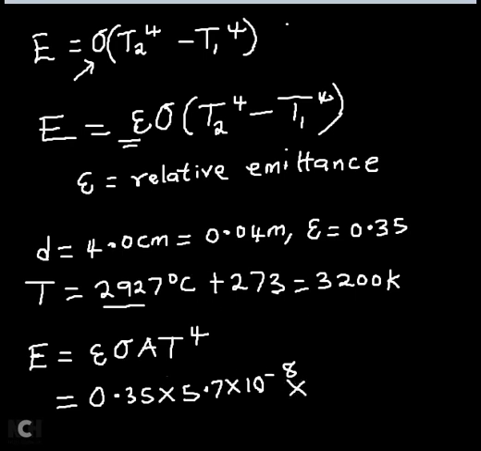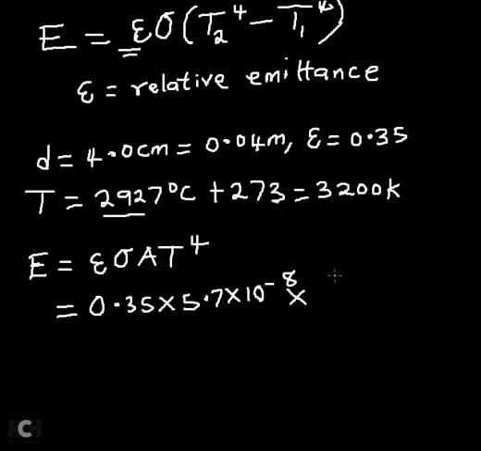This is a sphere, and you know how we evaluate the area of a sphere: 4 pi r squared. R is the diameter divided by 2, so R is 0.04 divided by 2, that is 0.02.